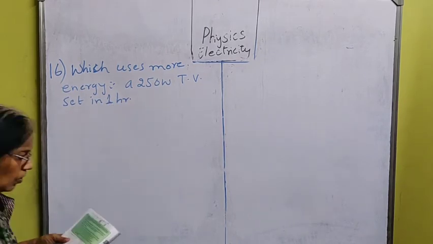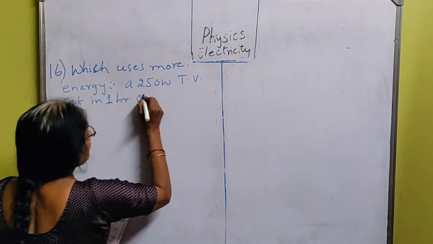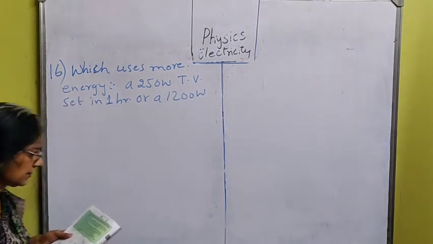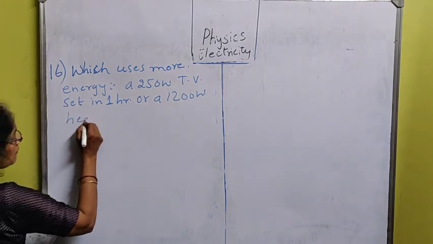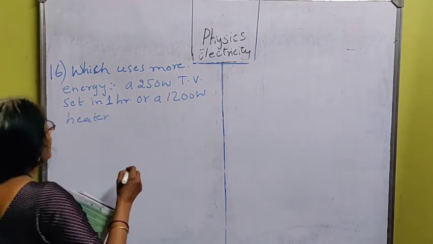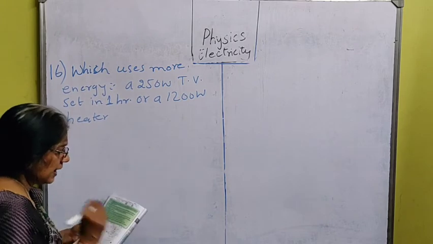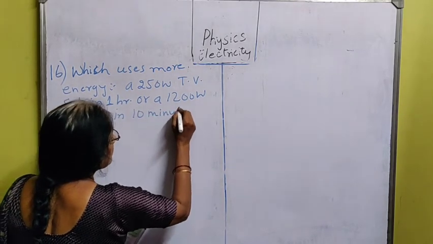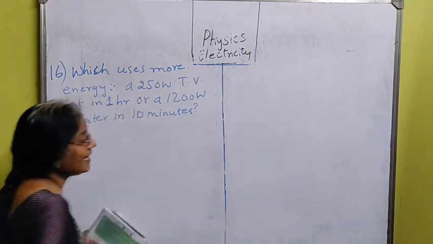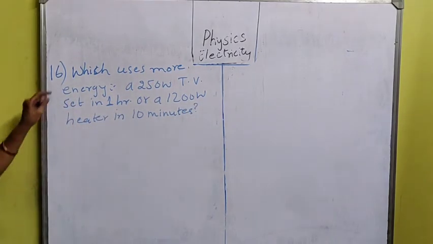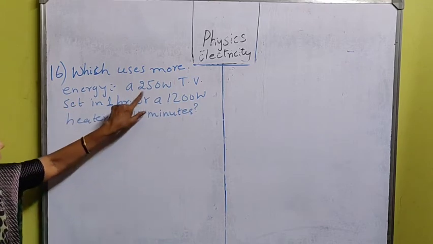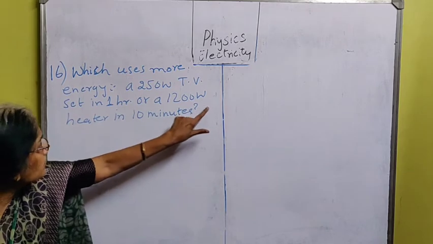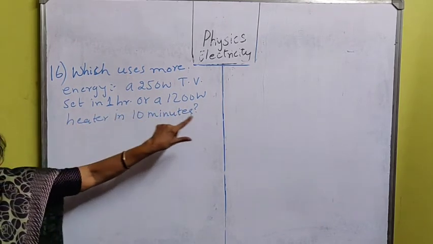Or a 1200 watt heater which runs for 10 minutes. So you have to find out the electrical energy. Which uses more energy? A 250 watt TV set in 1 hour or a 1200 watt heater in 10 minutes.